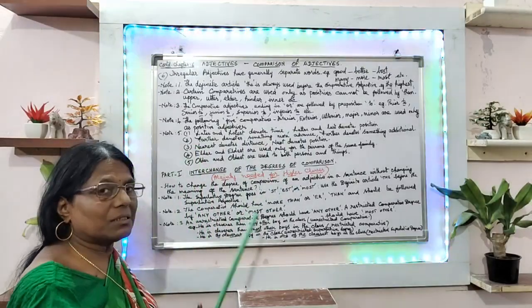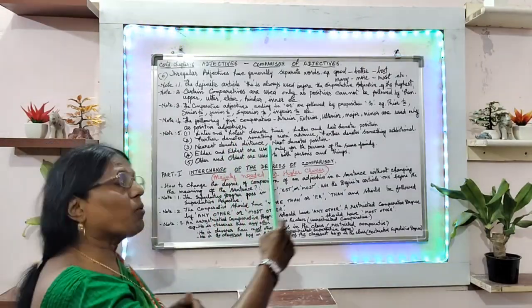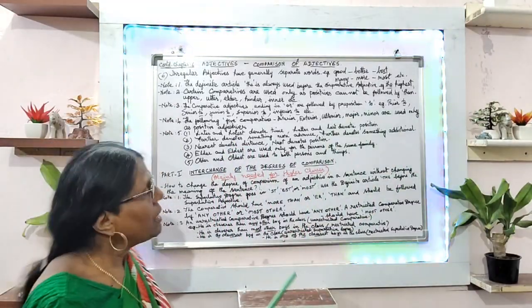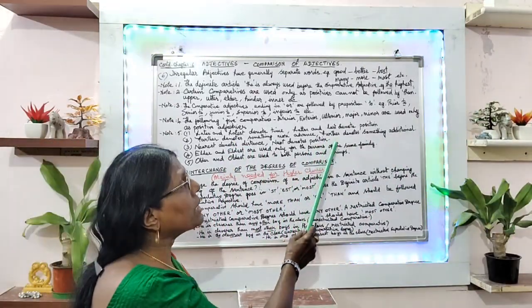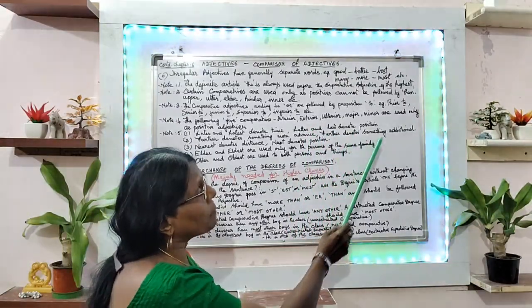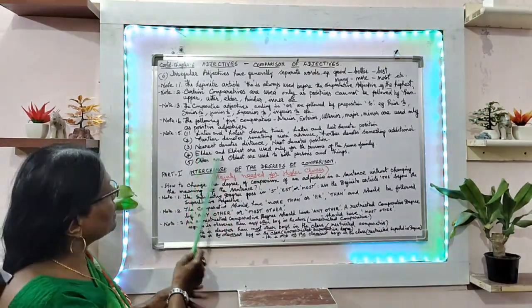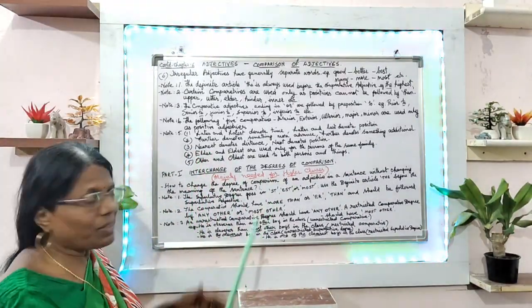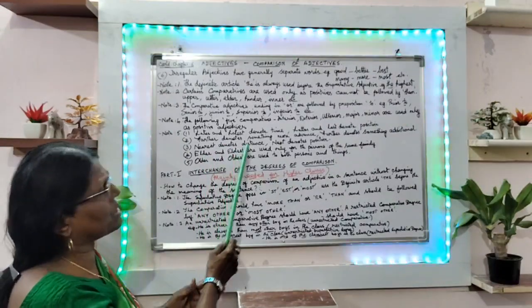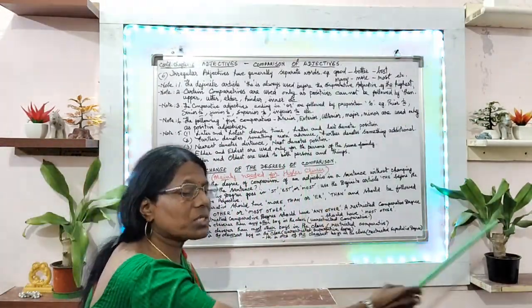Then farther, F-A-R-T-H-E-R, denotes something more distant. And again further, F-U-R-T-H-E-R, denotes something additional. And next is nearest. Nearest denotes distance, whereas next denotes position.